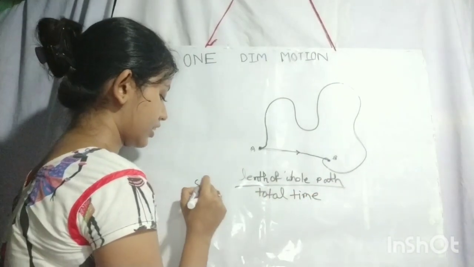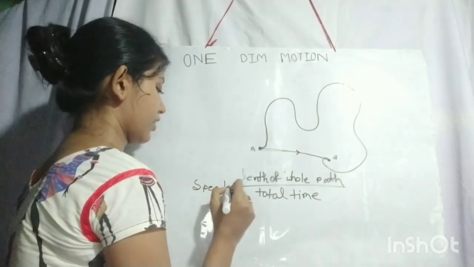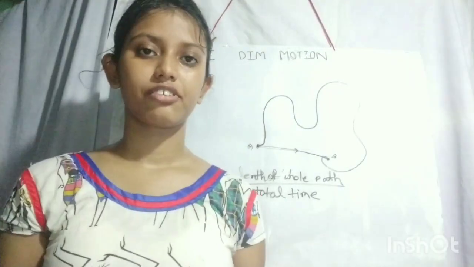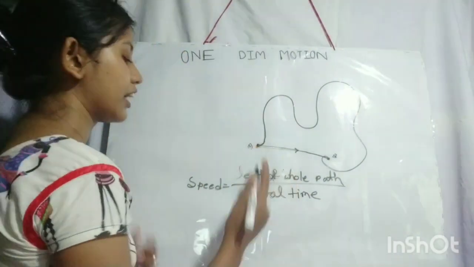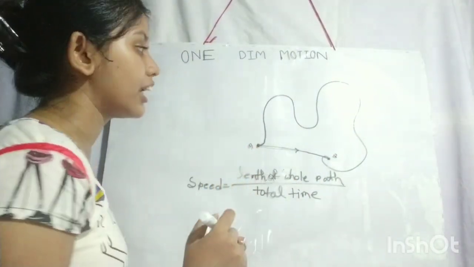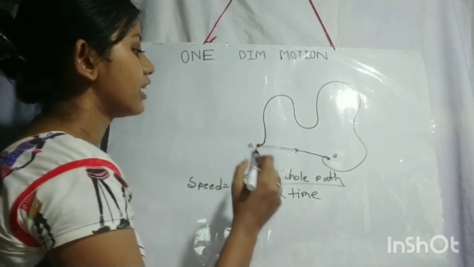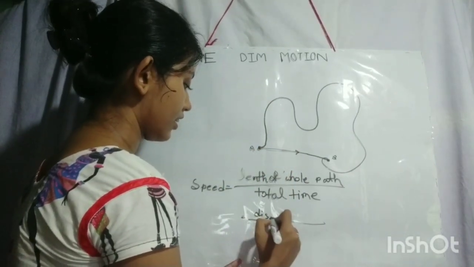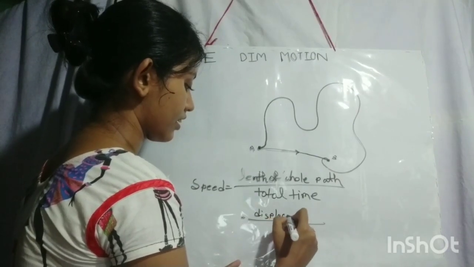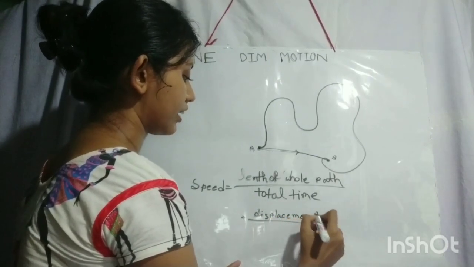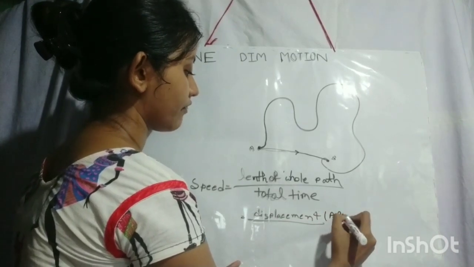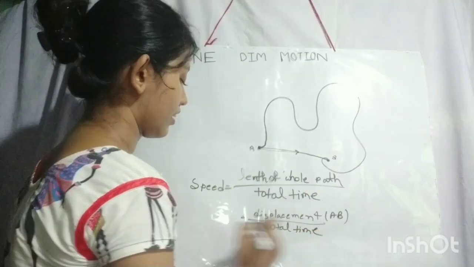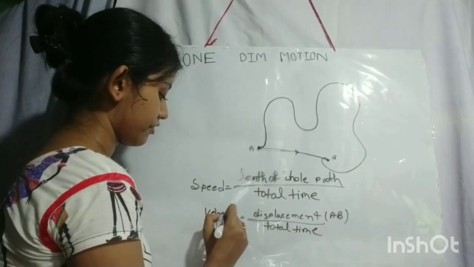That is called the speed, and this is a scalar quantity. It has no direction. And if you have to derive the velocity of the point, then it will be the displacement, that is AB, by total time, which is called velocity.